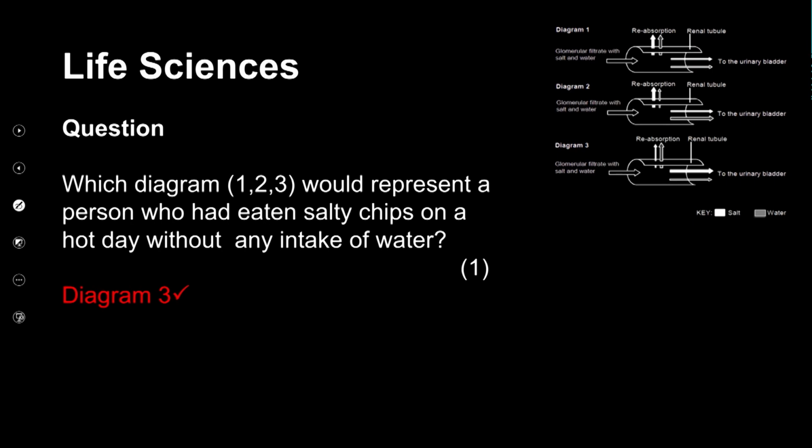Then what is happening here? From the key of the salt and water, we see now more water is being reabsorbed into the system because this person is not taking water, and less salt is being reabsorbed. So if less salt is reabsorbed, then more salt will go into the urinary bladder to be taken out together with urine.